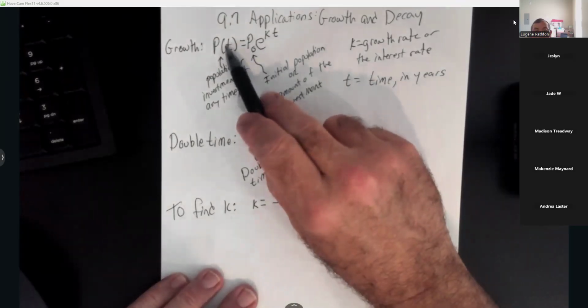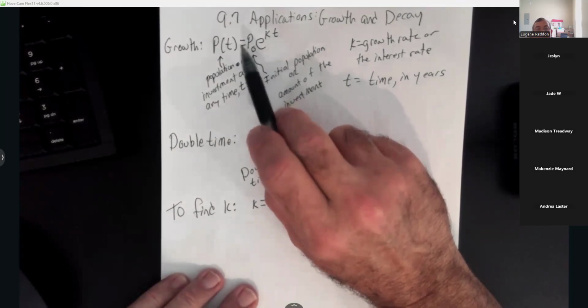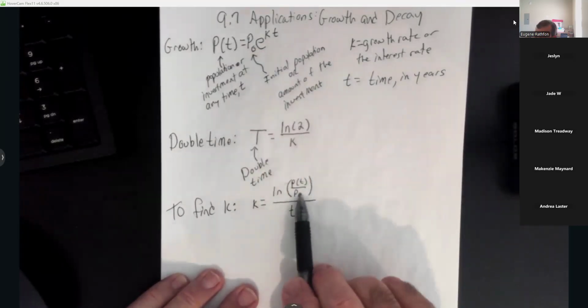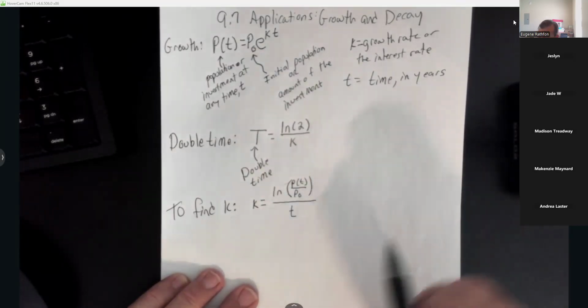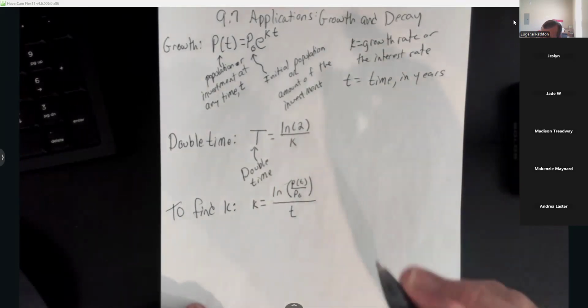So it's the P of t divided by P of 0, the ln of that, and then we divide by the time.